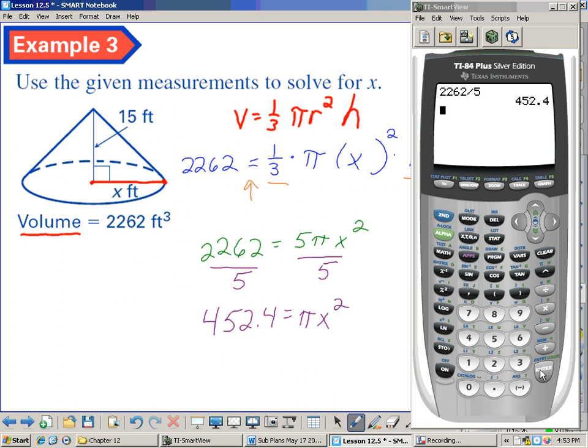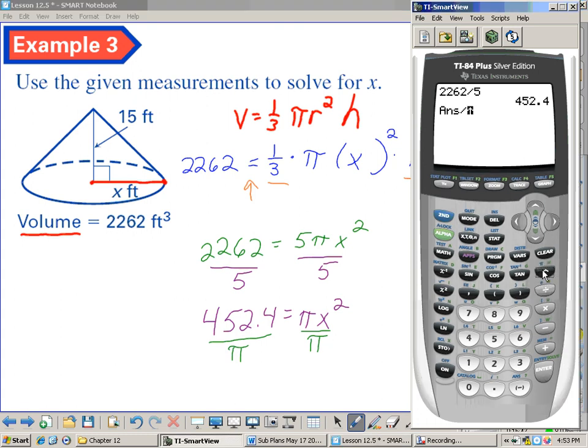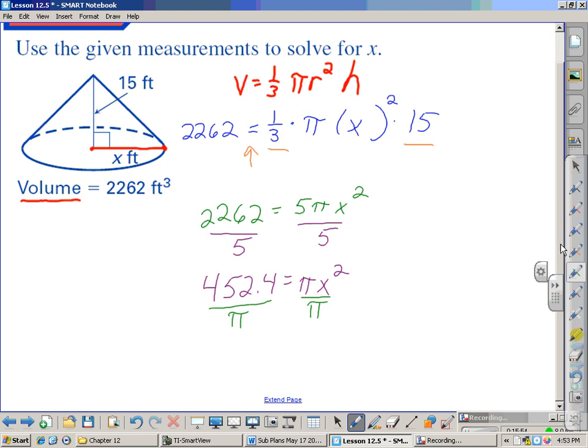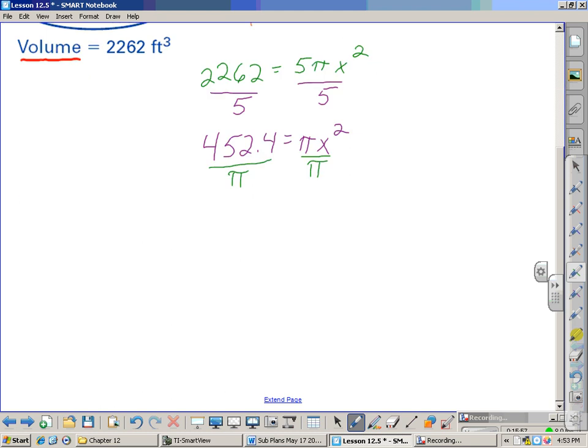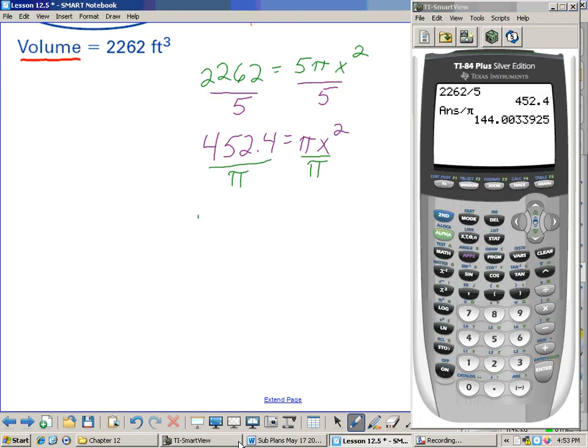So I'm going to divide both sides by pi. So I take my calculator here and divide by pi. Enter. And so what I get then, let me scroll down. It was approximately 144. Really, if you rounded to 2 decimal places, it would still be 144.00 equals x squared.